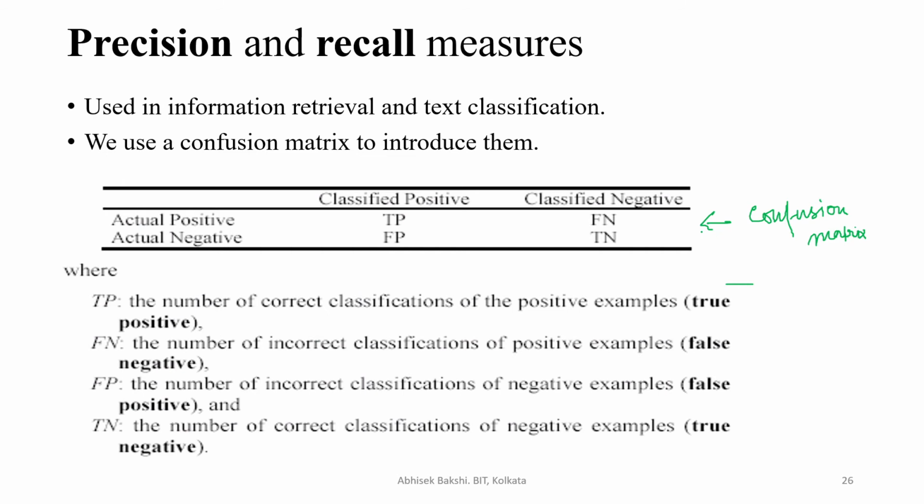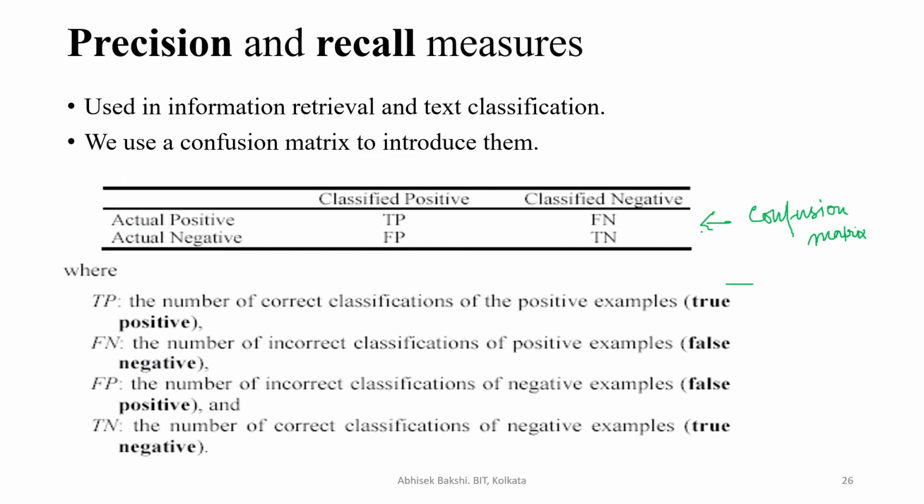Since we are considering orange as the positive class, the apple will be the negative class. So now I am sending an image of an apple and the model is classifying it as an orange. And true negative means a correct classification of a negative example: I am sending an apple and it says yes, it is an apple.